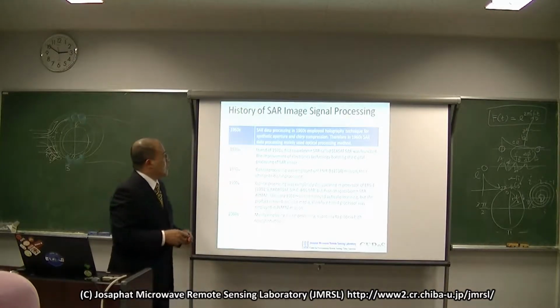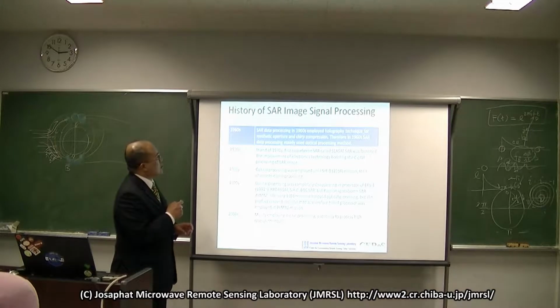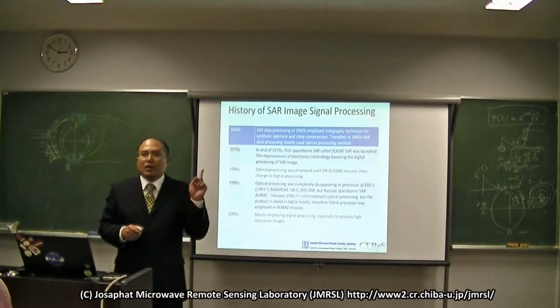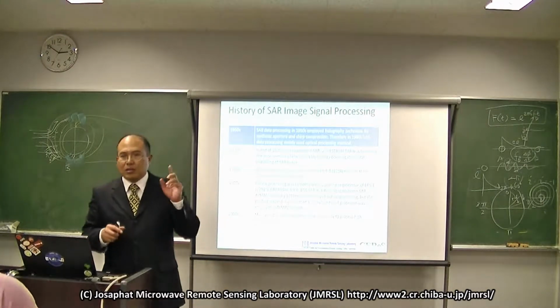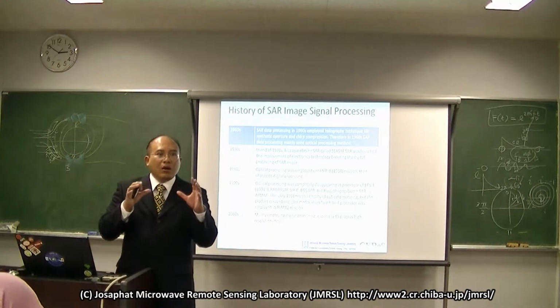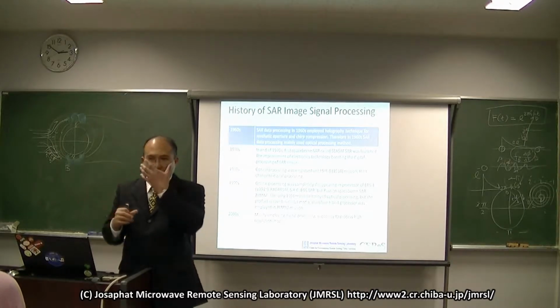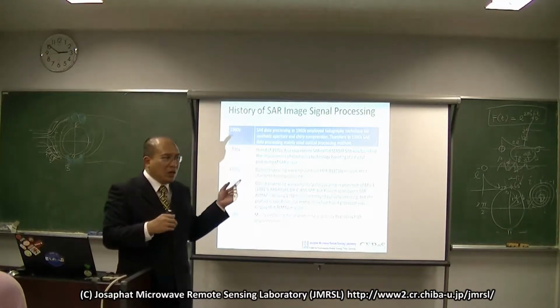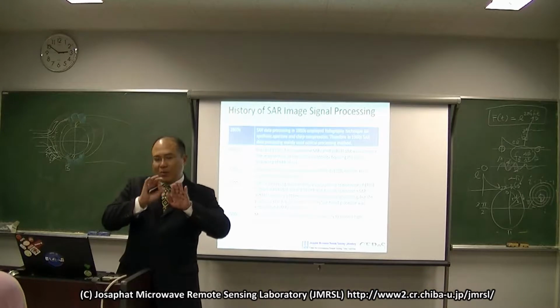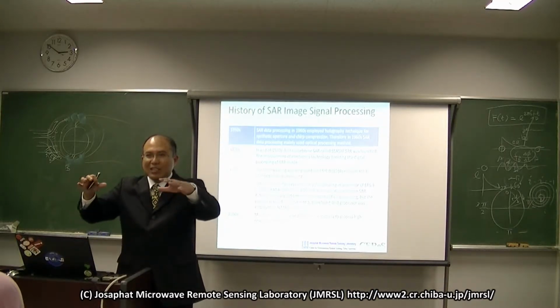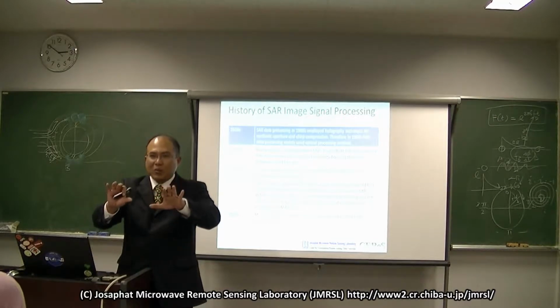But in 1960 they first used the holographic technique. Actually, this technique is based on holography, to make the three dimensions. The process uses many sources to generate the three-dimensional information.